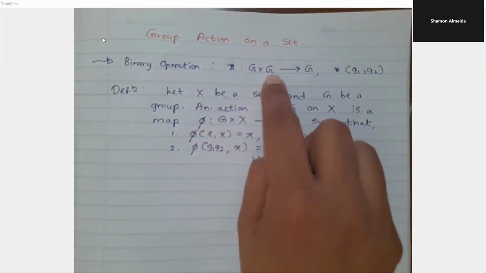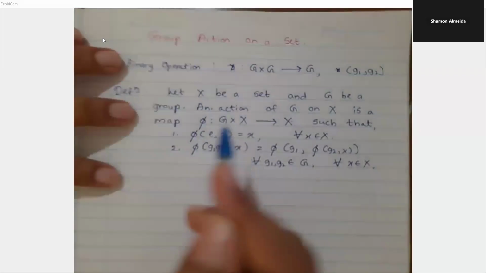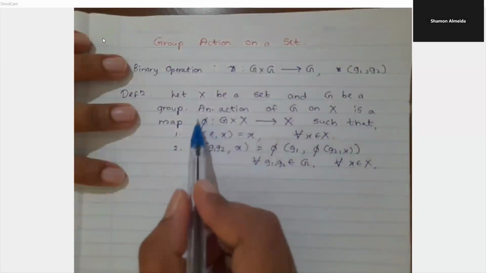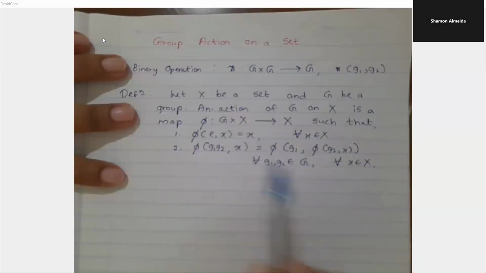X is simply G because a group is a set together with a binary operation satisfying certain conditions, right? So now in this case, once you apply this function to any pair that you take from here, what you get is an element in the set X, right?